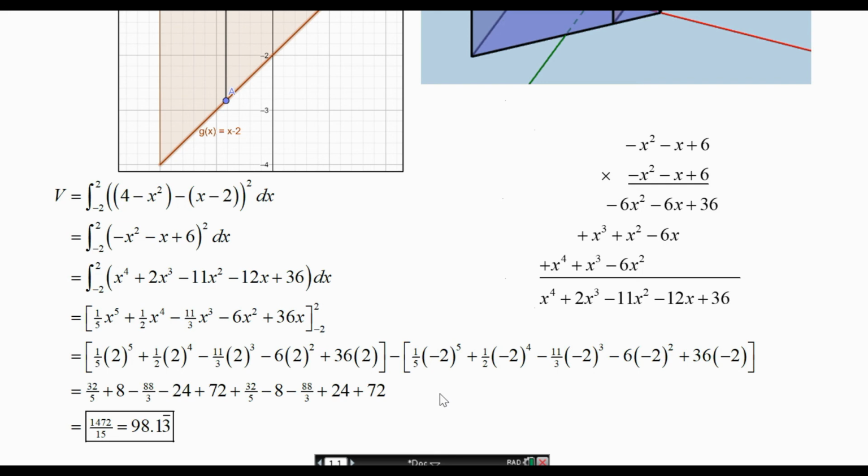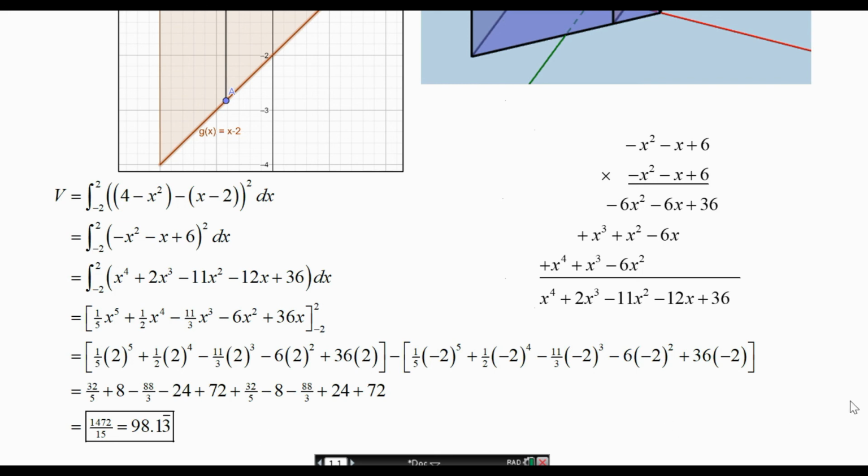I'll leave the details for you, or you could do it on a calculator, and you get 1,472 over 15. If you do the long division, you get 98.13 with the 3 repeating. So those are both exact answers, in repeating decimal form, and probably better, in fraction form.